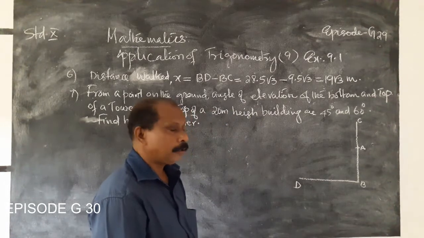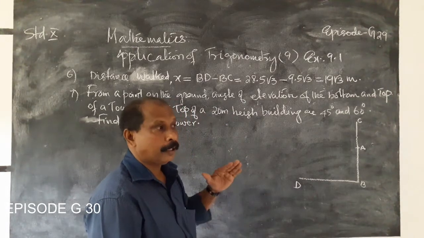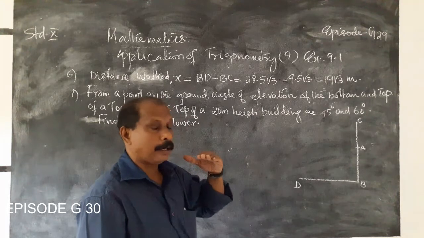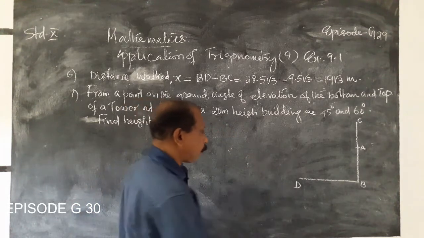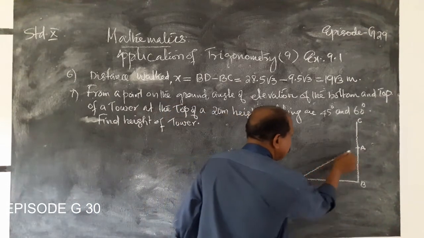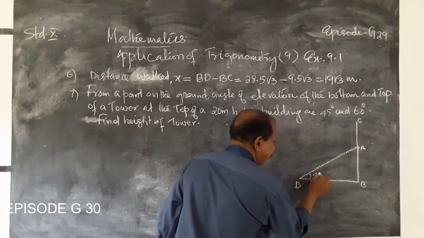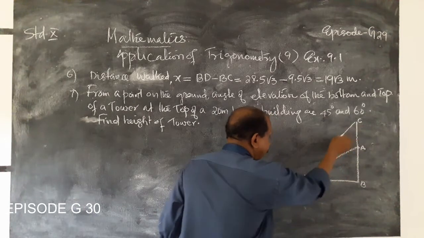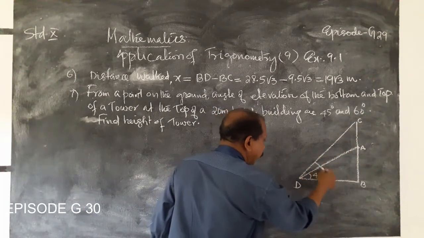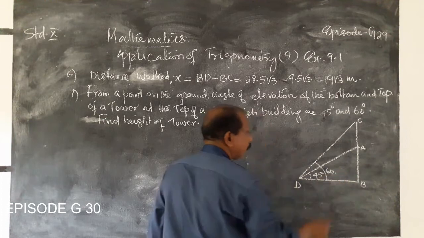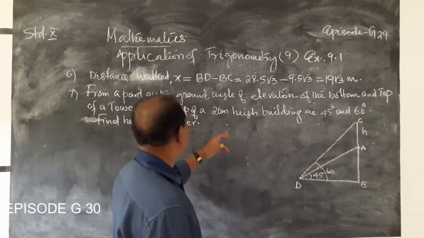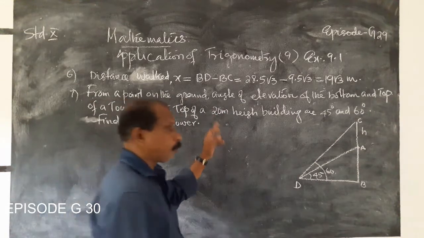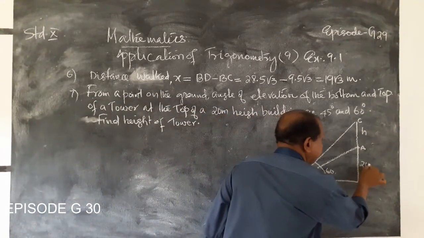From the point, the angle of elevation means that is the angle made above the horizontal vision. Therefore, this angle is 45 degree and this angle is 60 degree. We can find out the height of the tower, and the height of that building is 20 meter.